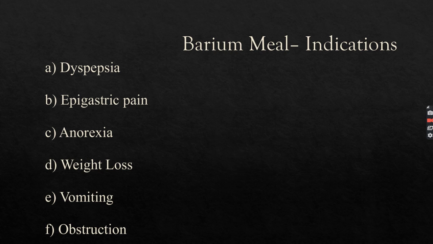If these symptoms are present, the patient could be an ideal candidate for this type of study, barium meal. So dyspepsia, epigastric pain, anorexia with weight loss, obstruction with vomiting.